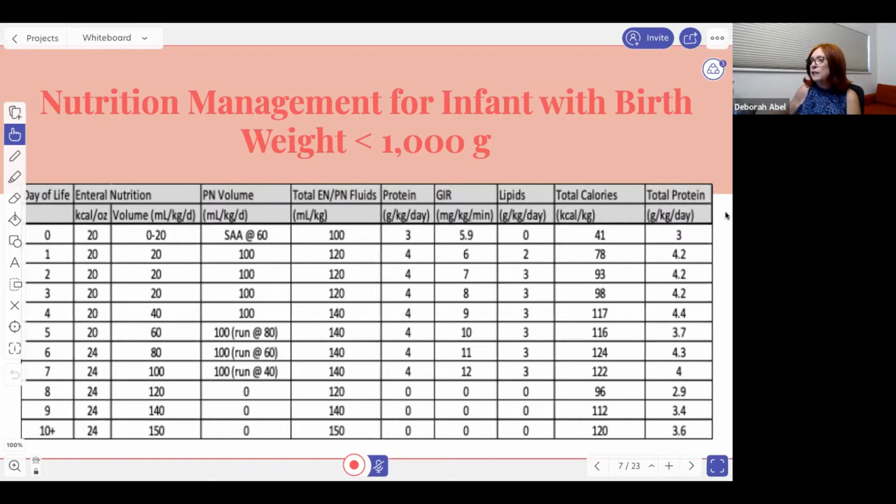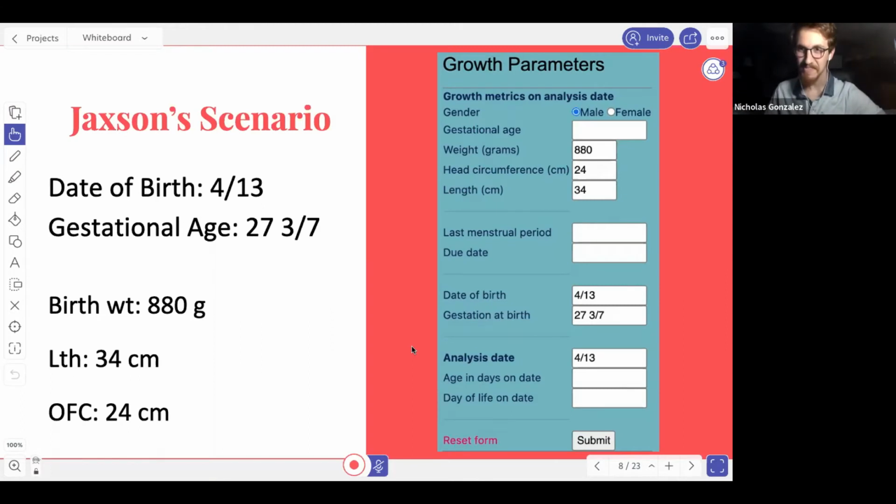And it really does help you, because the goal is to get the full feed. These babies have less comorbidity, they have less complications. So the quicker we can get them to full feeds, they'll usually have a shorter length of stay in the hospital and less complications. So I'm going to turn this over to Nick.